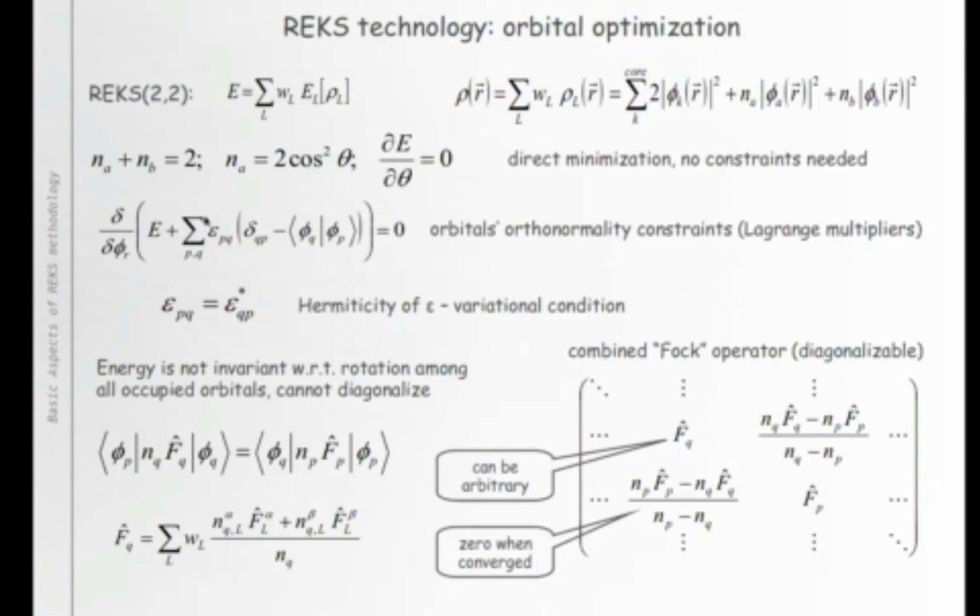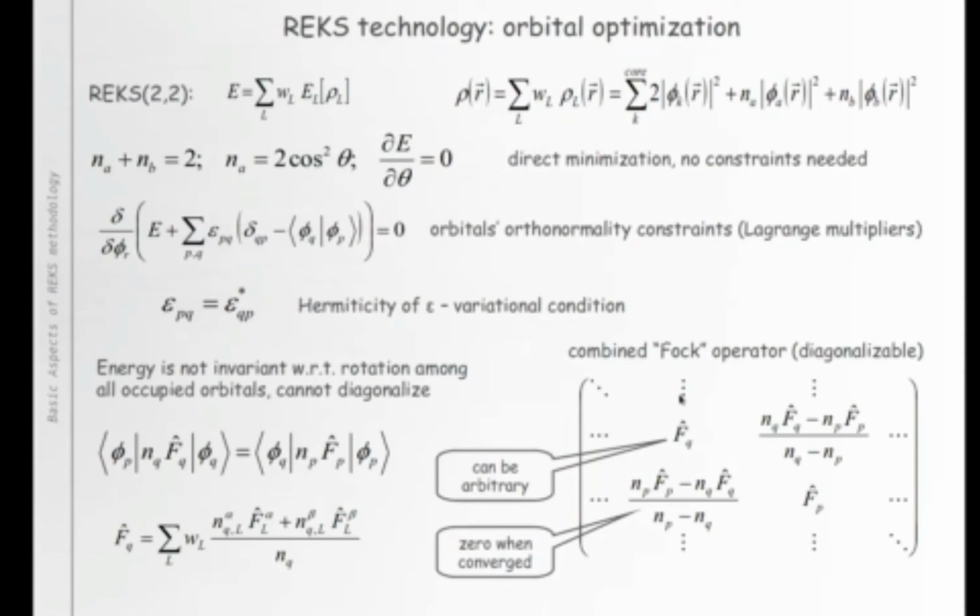It should become symmetric, but diagonal it cannot be made, because otherwise we would mix orbitals with different occupations. This is one important difference between open-shell and closed-shell SCF methodology. One is that the interpretation of the diagonal elements of the Fock operator is not exactly the same as in the closed-shell case.